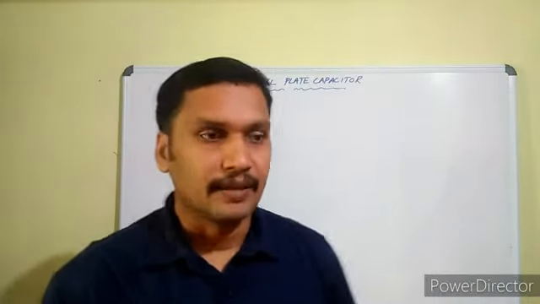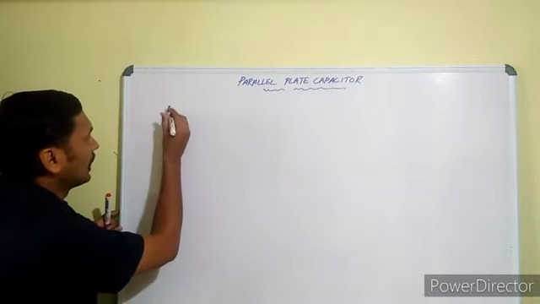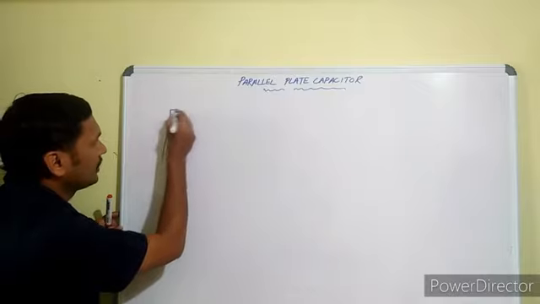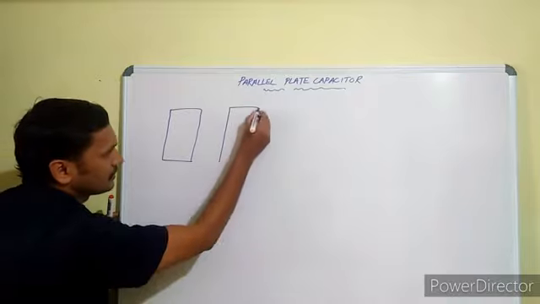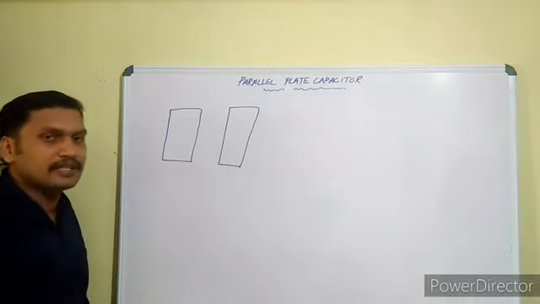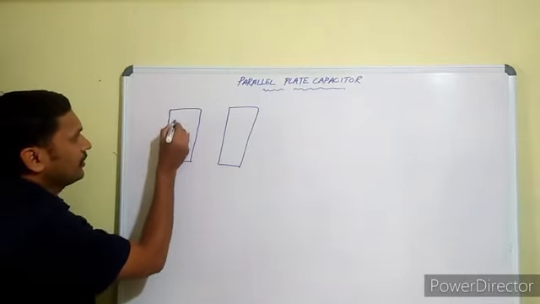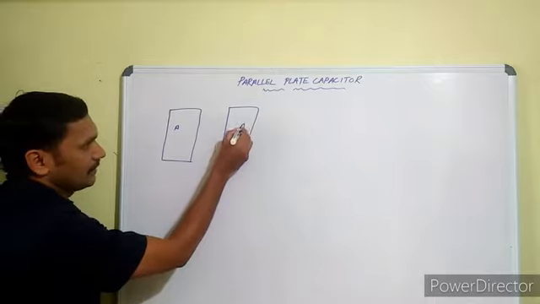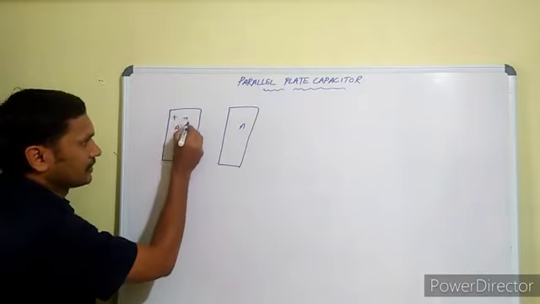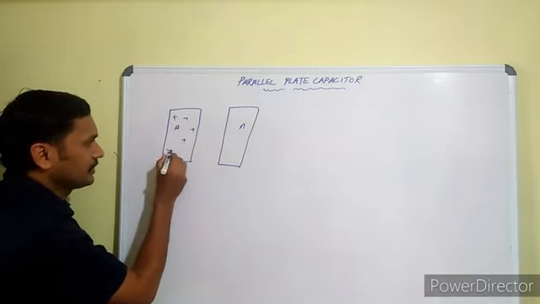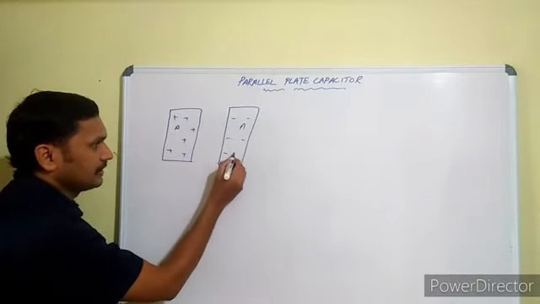As told, the parallel plate capacitor consists of two large plane sheets separated by a very small distance. Suppose both plates have an area A, and this plate is positively charged and this plate is negatively charged.